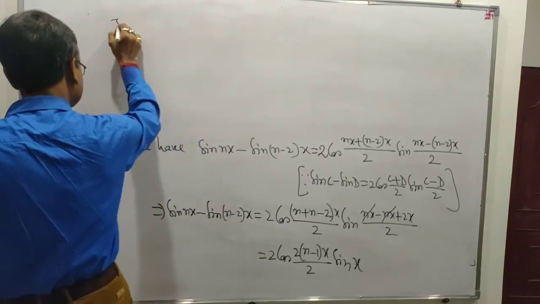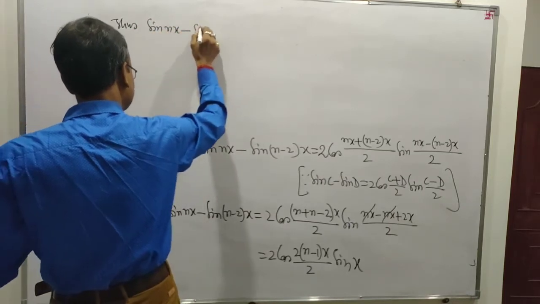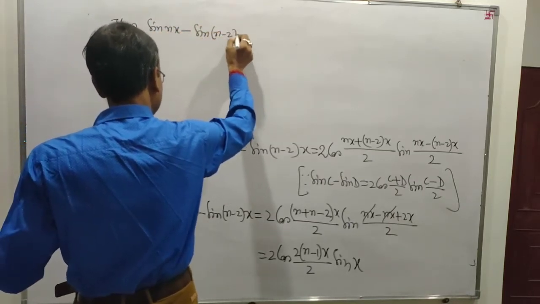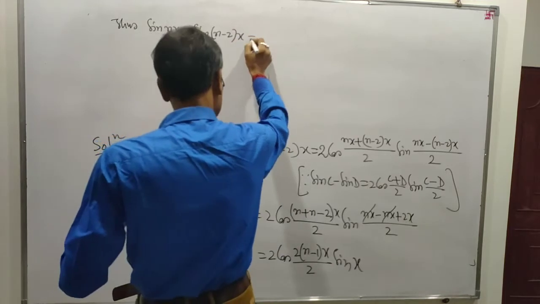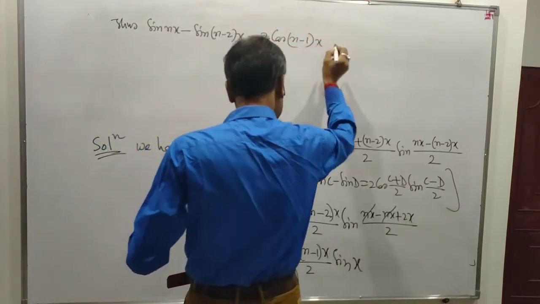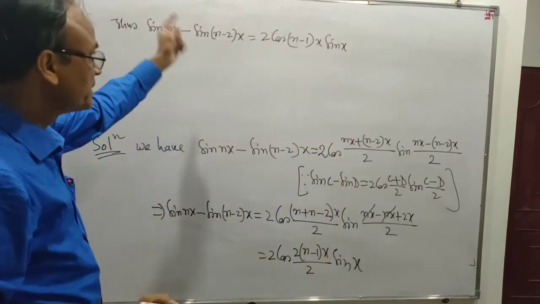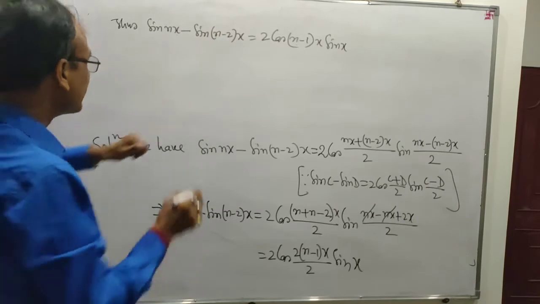Thus, sin nx minus sin (n minus 2)x equals 2 times cos (n minus 1)x into sin x. You have got this. Now divide this by sin x.